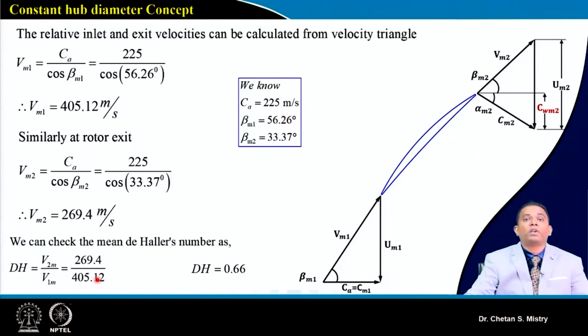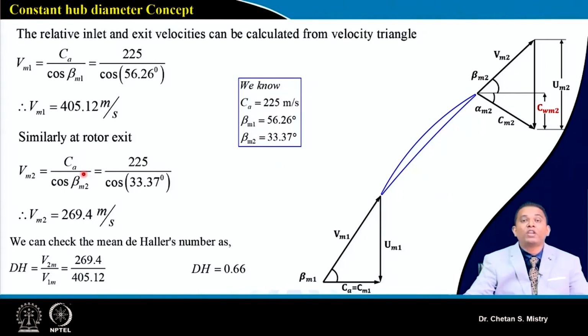Now the next component of our interest is our relative velocity at the entry and relative velocity at the exit of the rotor. From trigonometry, if we take cos of beta 1, that is Ca by relative velocity component V1, and that gives V1 as 405.12 meter per second.